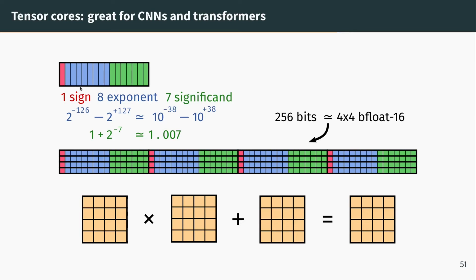float numbers, such as the bfloat16 convention, which is like half of a float32 number, where you have 1 bit of sign, 8 bits of exponent, and 7 significant bits. And those 7 significant bits are kind of equivalent to 2 or 3 significant digits.